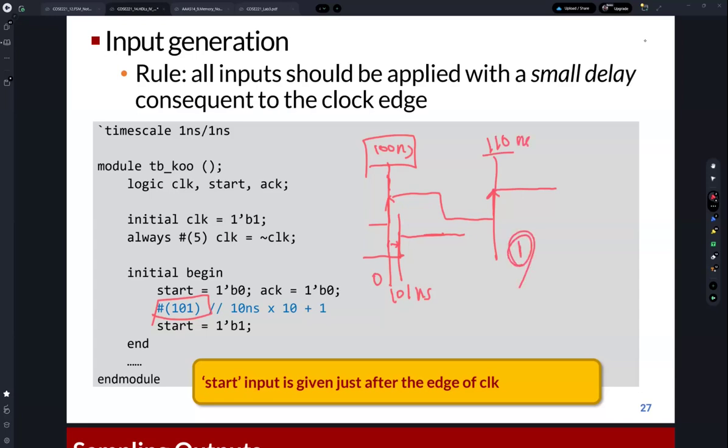Okay, so it's deterministic. We can exactly estimate the sampled input because we set the delay of the input signal as 101.